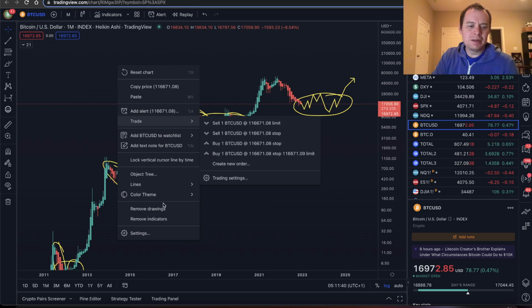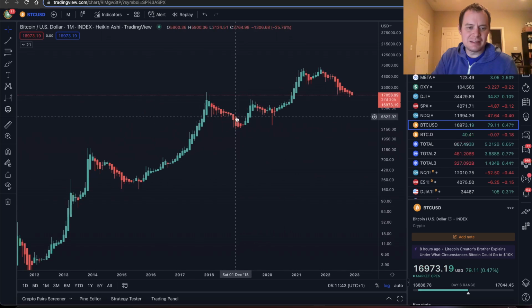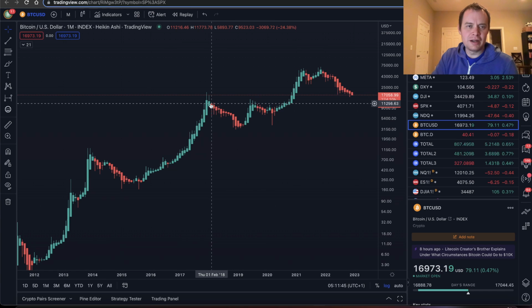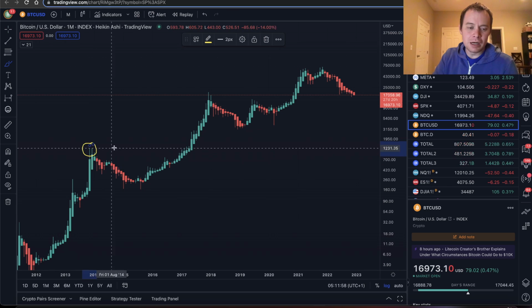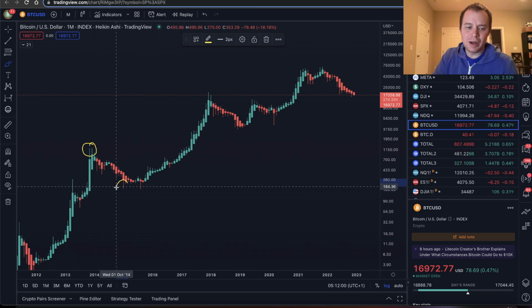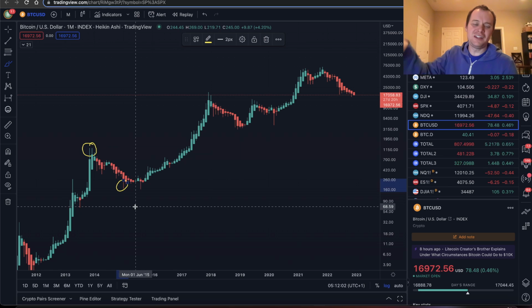And by the way, just a reminder, yes, the last bear market started in, say, December of one year and ended in December of the following year, back in 2017, 2018. We should remember that the 2013 bear market started in November and lasted until January of 2015. So it actually lasted about 14 months, not 12 months.